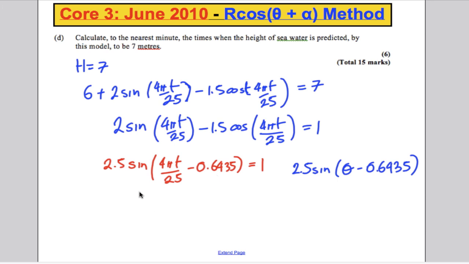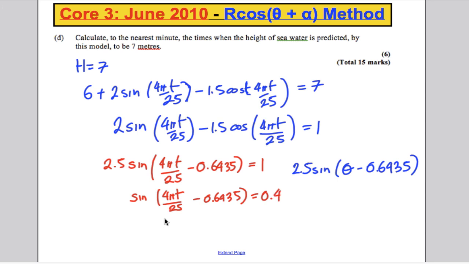I can divide both sides by 2.5, so sine 4 pi t over 25, subtract 0.6435 is 1 over 2.5. 1 divided by 2.5 is going to be 0.4.